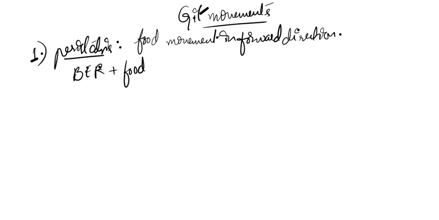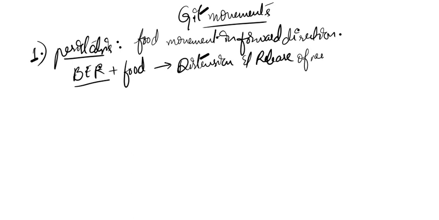You can take it, food, hormones, calcium, anything acts as a stimulus, but in case of digestion, food acts as a stimulus when accompanied with basal electrical rhythm, and it causes distension and release of some neurotransmitters, calcium, etc., right?